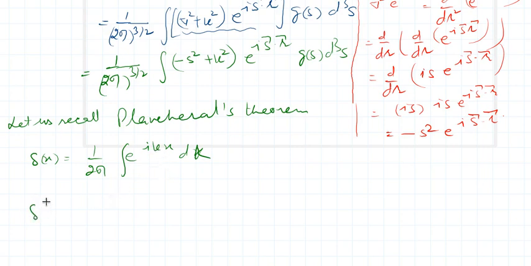Then for 3 dimensions it is delta cube r is equal to 1 over 2 pi raised to power 3 and e raised to power iota s.r. This is for our 3-dimensional problem which we have taken, and it is d cube s.